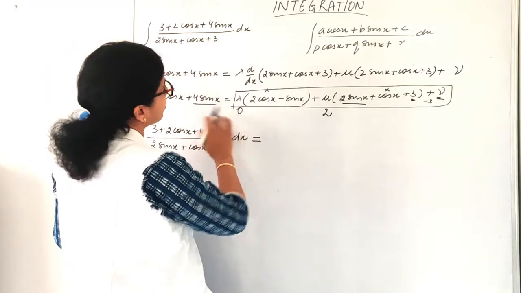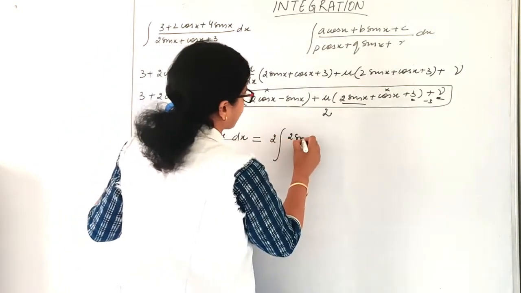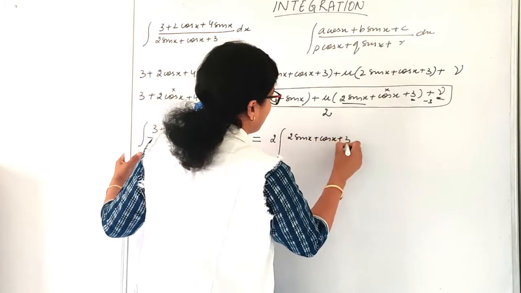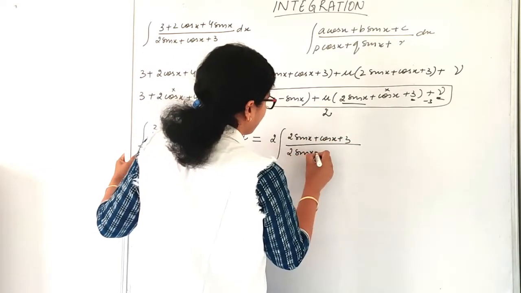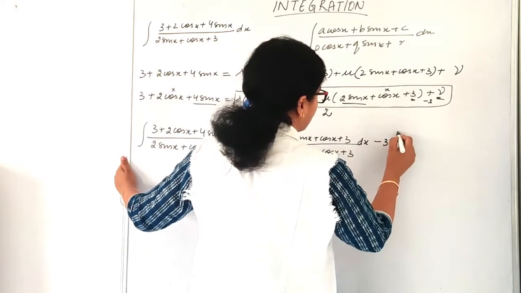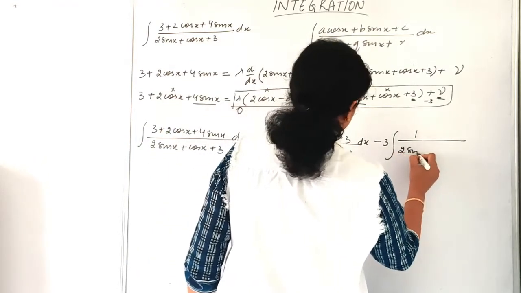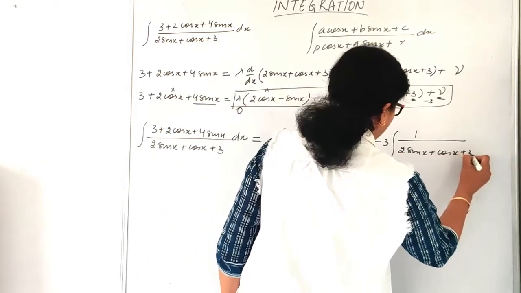Since lambda is 0, we can leave it. Now with mu, twice the integral of 2 sin x plus cos x plus 3 upon 2 sin x plus cos x plus 3 dx. Nu value is minus 3, so minus 3 times the integral of 1 upon 2 sin x plus cos x plus 3 dx.